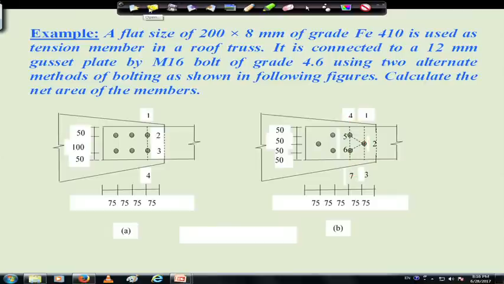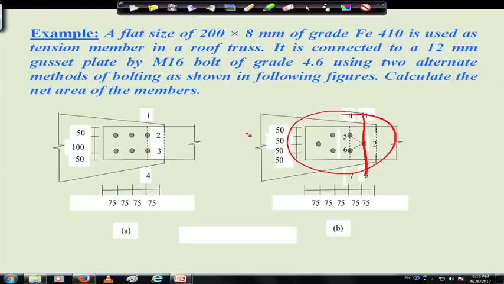That means, when we consider this direction, it may fail, right. So, along 1 2 3 it will fail. Under this geometrical condition and configuration, the critical section will be along 1, 2, 3, and for this critical section the net area we are going to get is 1456.